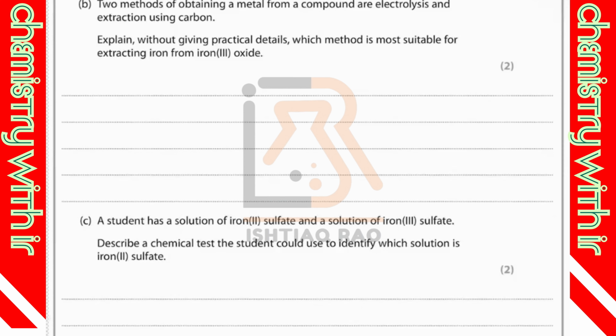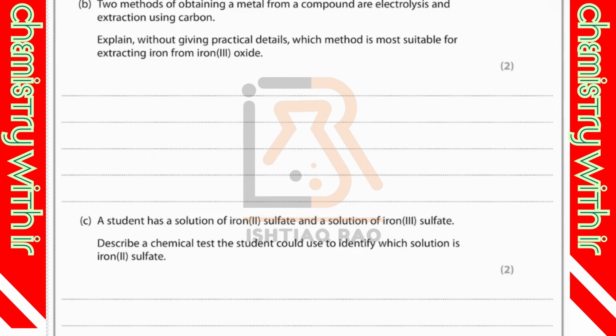Two methods of obtaining a metal from a compound are electrolysis and extraction using carbon. Explain without giving practical details which method is most suitable for extracting iron from iron 3 oxide. Iron 3 oxide is Fe2O3. So, of course, iron is less reactive.